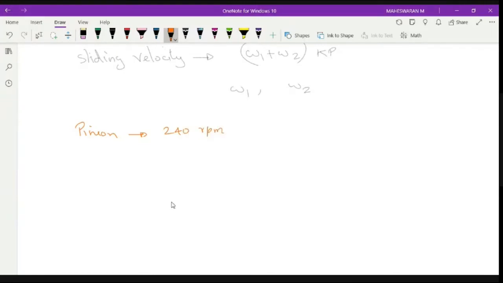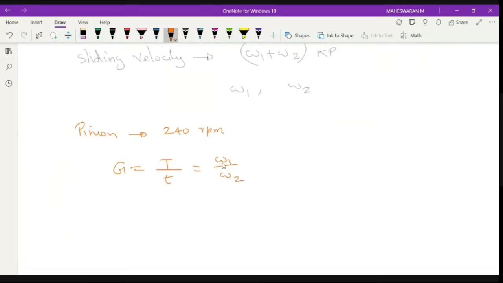Your velocity ratio depends on your gear ratio. We know the gear ratio G is equal to T by T. Always we consider the pinion, or the driving shaft, as omega 1, so I write omega 1 by omega 2.